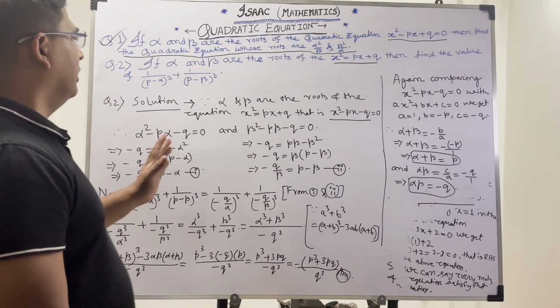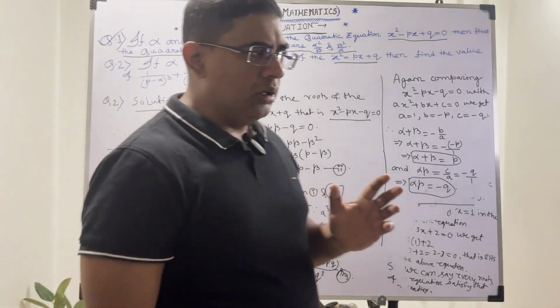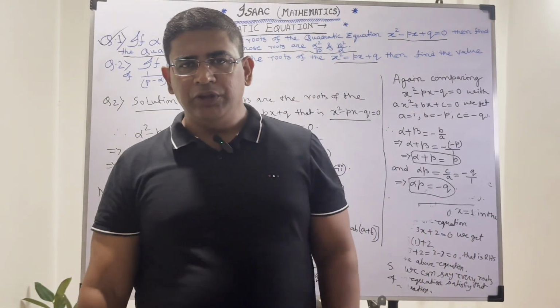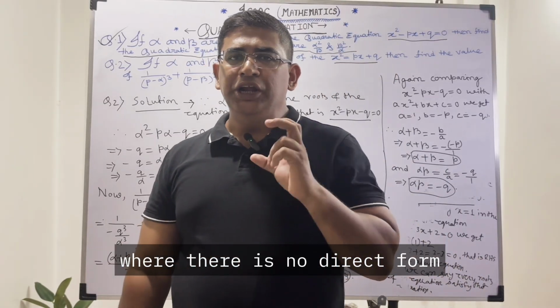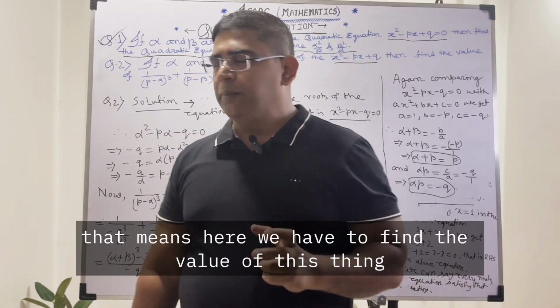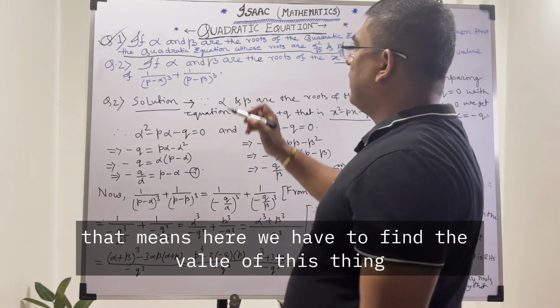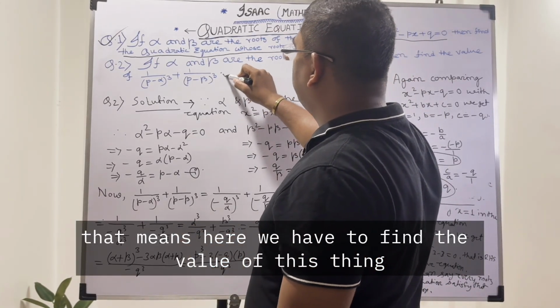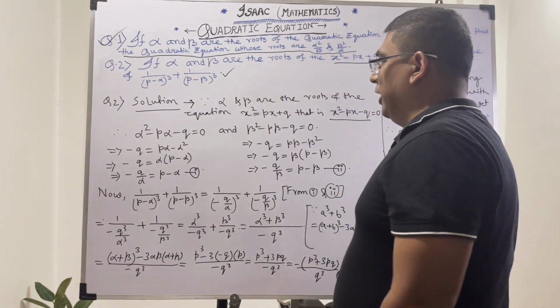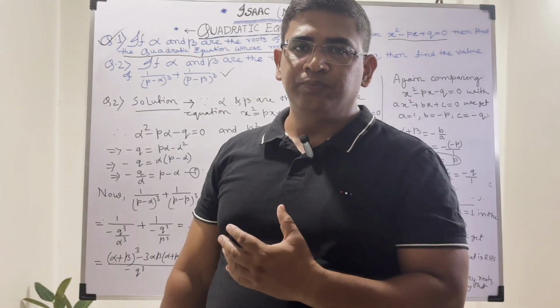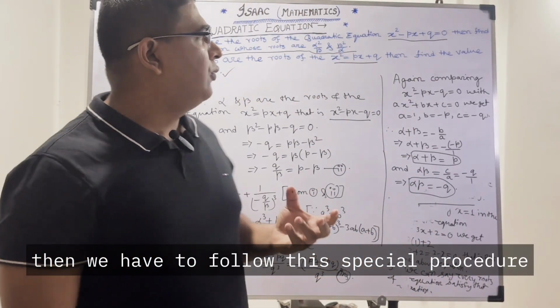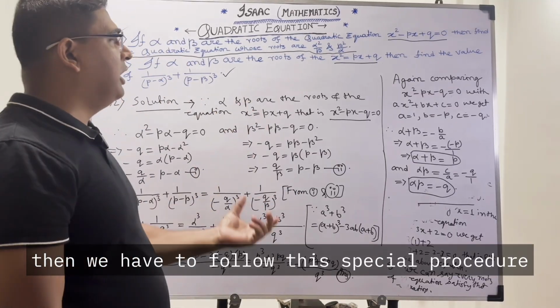So okay, this is a different kind of problem where there is no direct form. That means here we have to find the value of this thing, and when we want to find the value of this kind of problem, then we have to follow this special procedure.